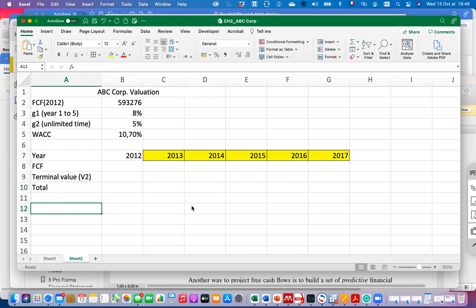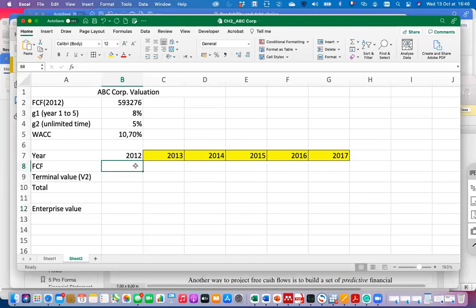Once we have computed these rows, we can easily find the enterprise value. We will learn later how to find the fair stock price using the enterprise value, but let's focus right now on the enterprise value.